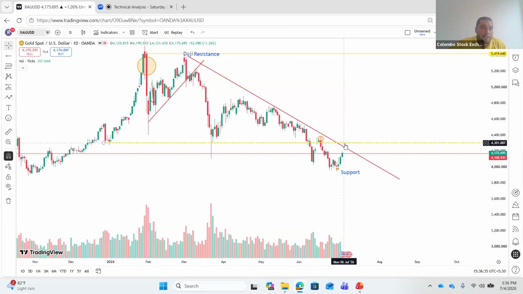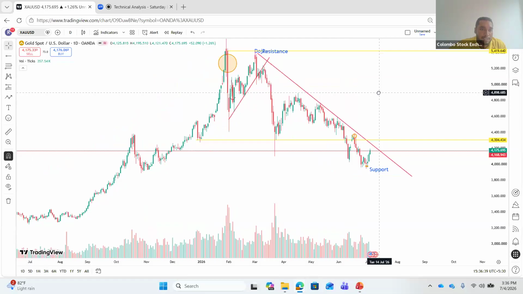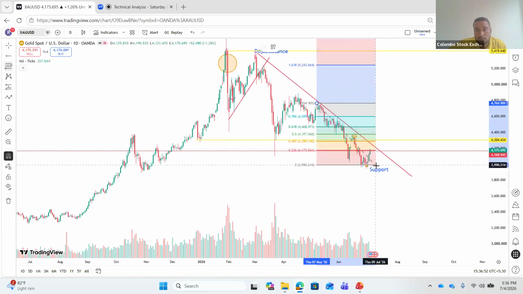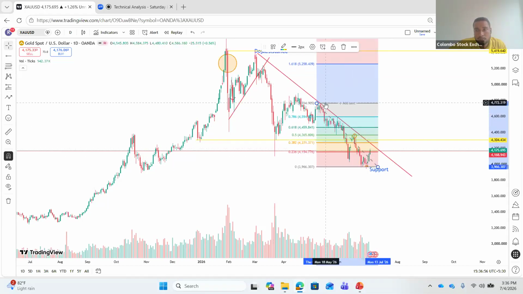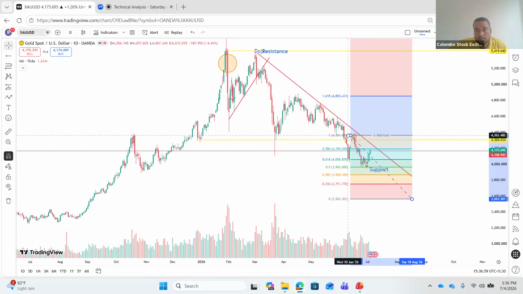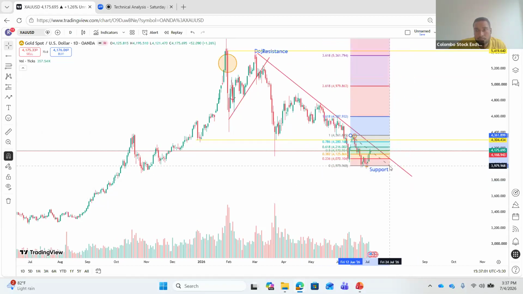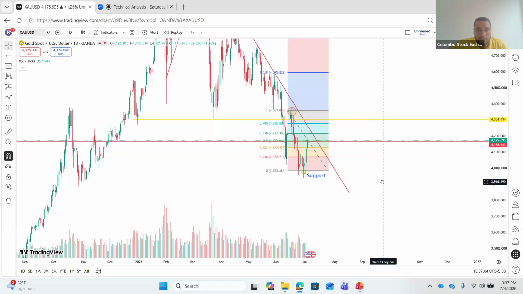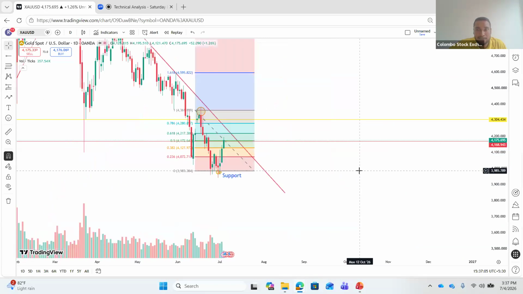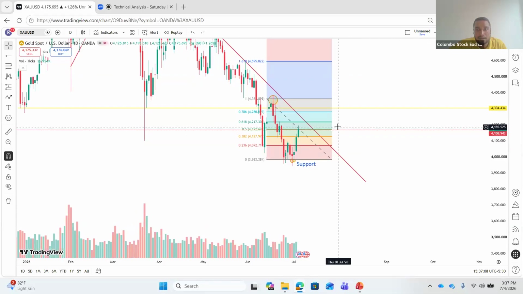So now I personally look to enter short positions, not long positions. This is my preferred position for entering a short trade.